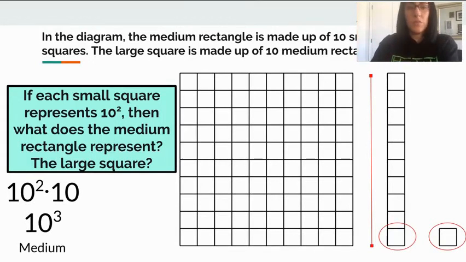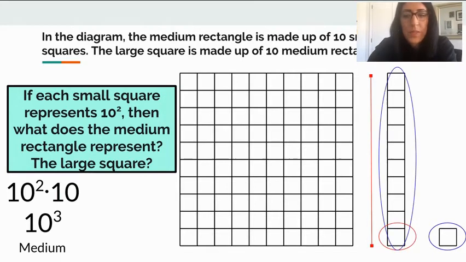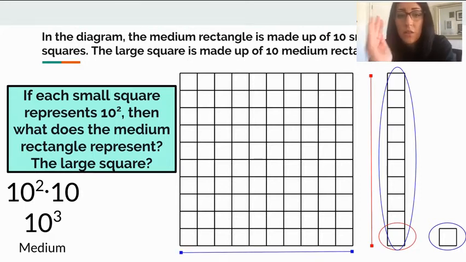Then we take it even further and we're looking at the big square. Now my small square represents 10 squared. So now we have to figure out what this would look like as a power of 10 in terms of the large square. Again, there are 10 of those in the medium rectangle, which is 10 squared, but then there are 10 medium rectangles in the large square.